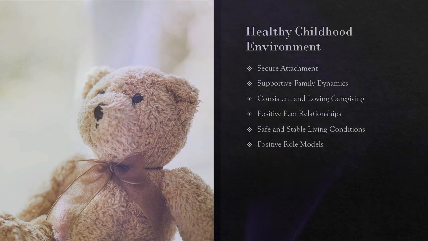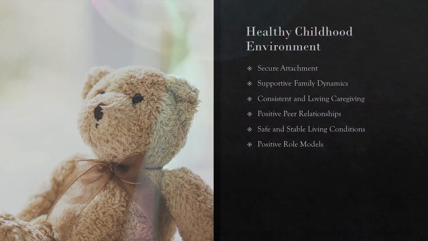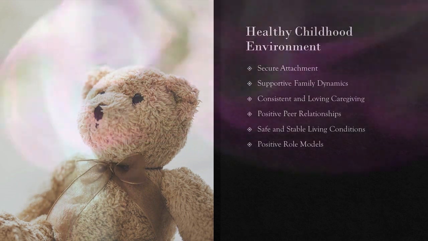It's essential for the development of trust and the formation of a positive self-concept. And so when that consistency in loving caregiving is absent, then you can see all sorts of problems begin to arise.